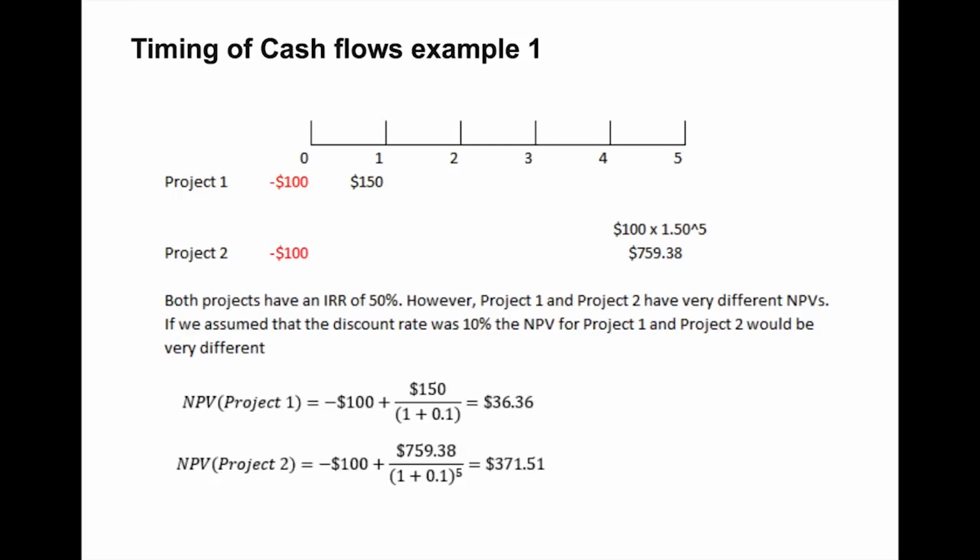Project 1, you will receive $150 in 1 year's time. Project 2, you're going to receive $759.38 in 5 years' time. So both these projects have an internal rate of return of 50%. However, the NPV of these projects are very, very different.